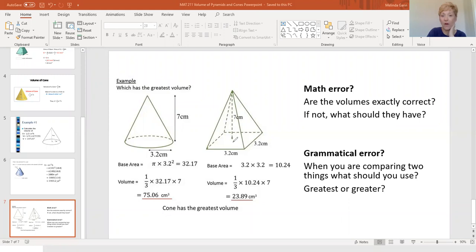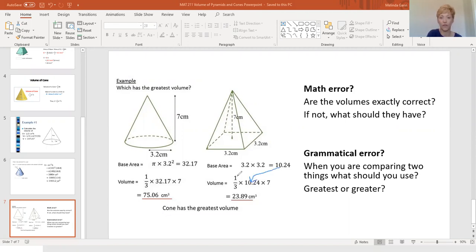Well, it's a square, so the base area is 3.2 times 3.2. If you take your calculator and do 3.2 times 3.2, you do get 10.24, so I'm okay right now. Then they put 10.24 in for capital B.